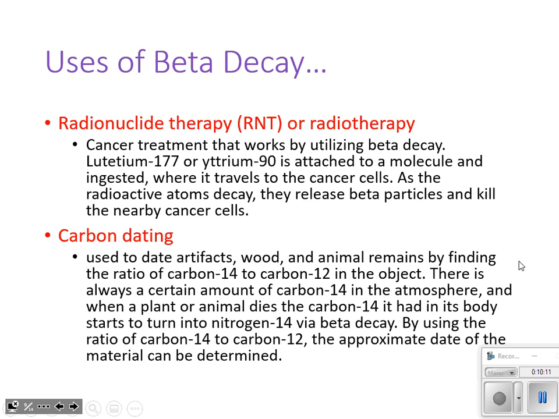What happens is when a plant or animal dies, the carbon-14 that it had in its body starts to turn to nitrogen-14 via beta decay. Using the ratio of carbon-14 to carbon-12, we can approximate the date in which that animal or plant started that specific decay, so it could tell us when they died.